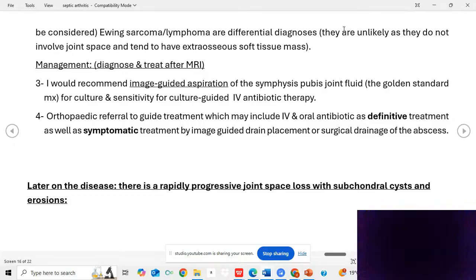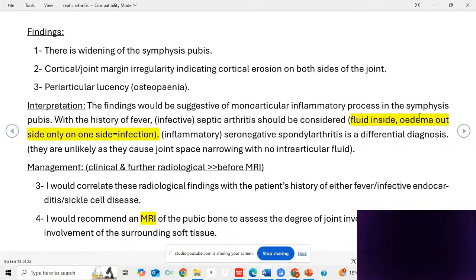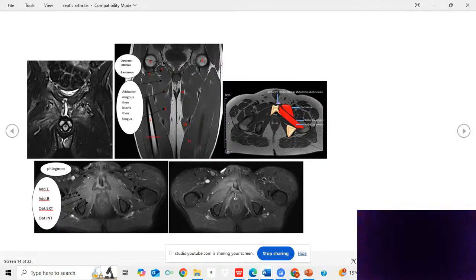However, they are unlikely, as they don't involve the joint space, and on the opposite side, they tend to have extra osseous soft tissue extension. So malignancy doesn't involve the joint space and tends to extend outside the bone.